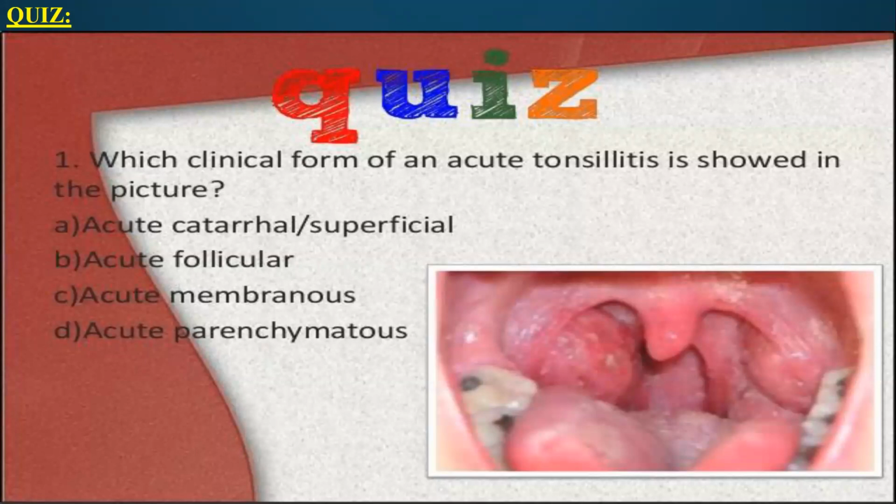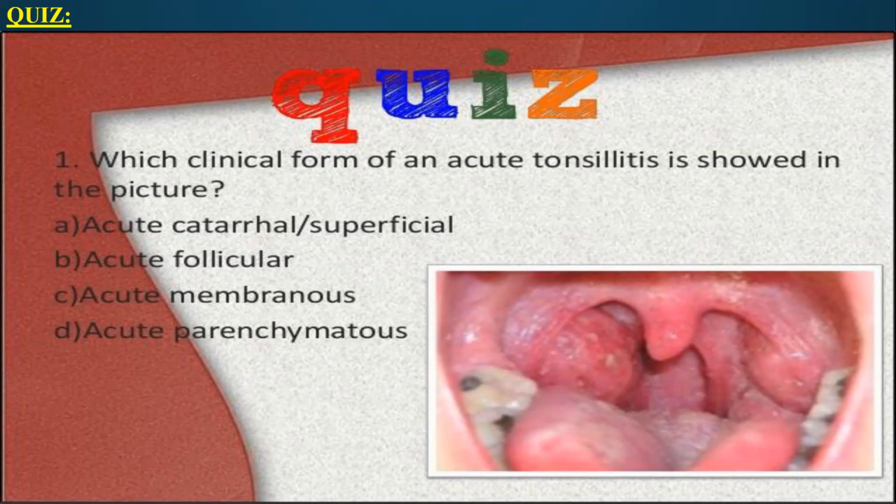But in parenchymatous, both tonsils will be equally enlarged, and the uvula and soft palate will get some edema or redness. In membranous, there will be a whitish membrane, and on the medial surface of the tonsils there will be small clear patches. Just guess: which one is correct?